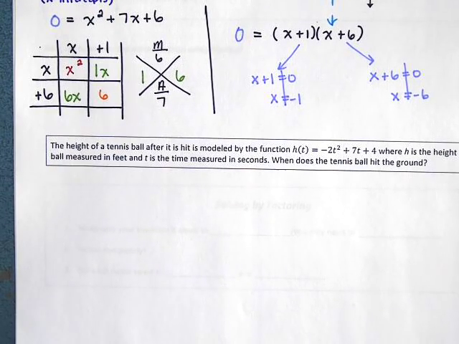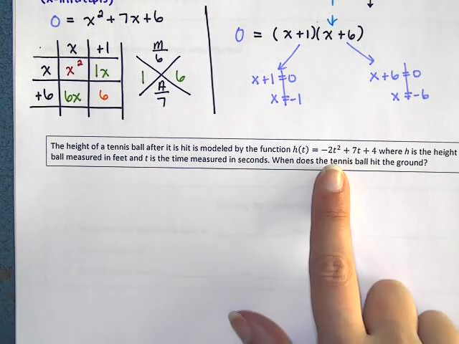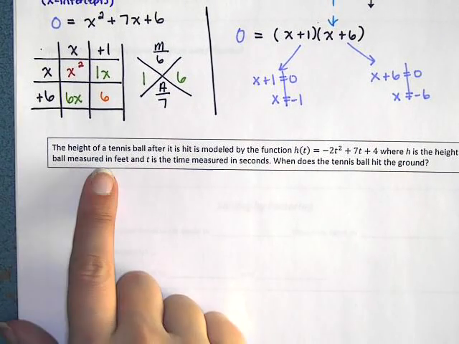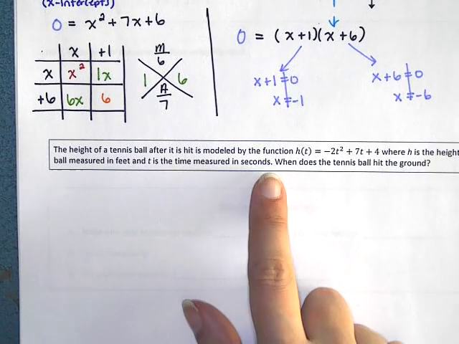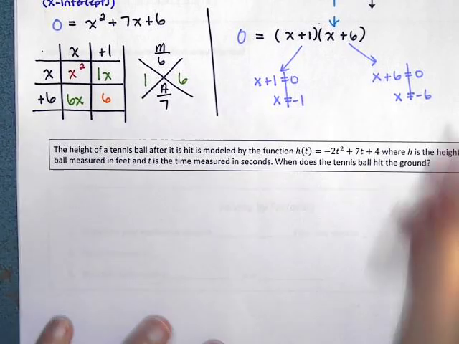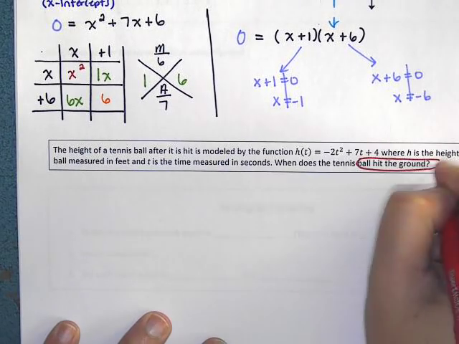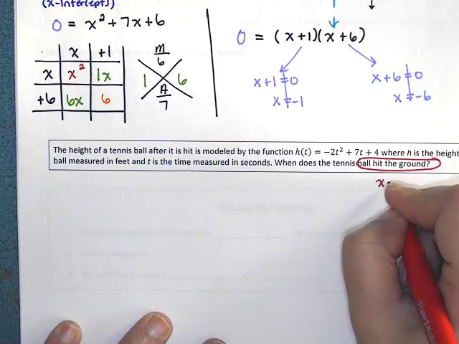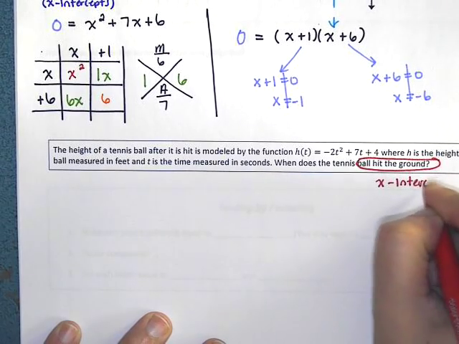So it says here the height of the tennis ball after it is hit is modeled by this function, where h is the height of the ball measured in feet and t is the time measured in seconds. When does the tennis ball hit the ground? As soon as I see hit the ground, I think to myself, that is the x-intercepts.